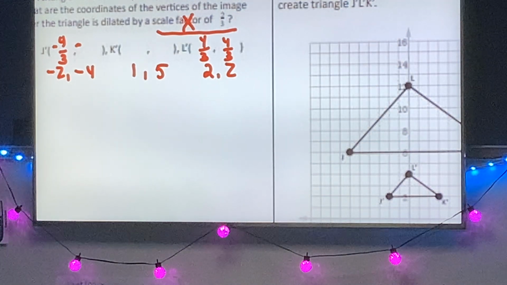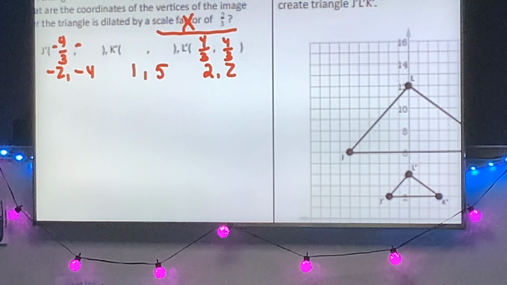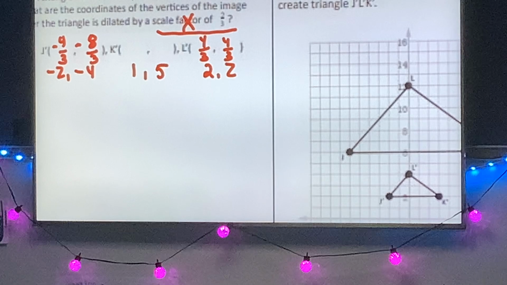What is -4 times 2/3? -8/3. Oh, this is the hardest one.